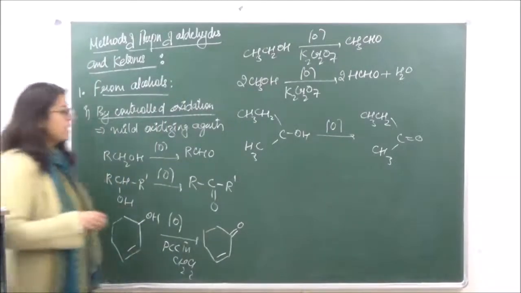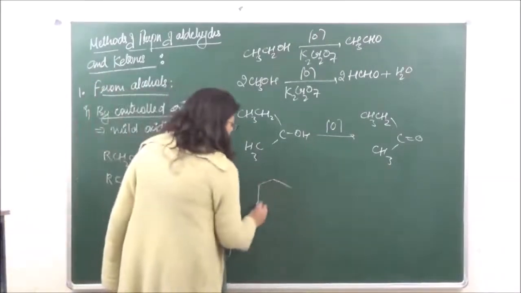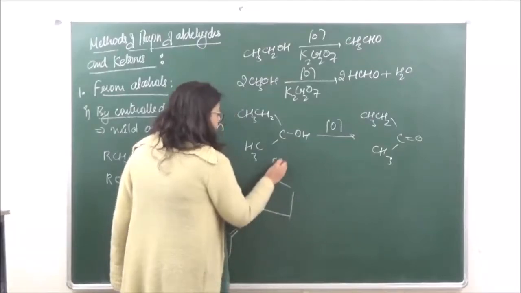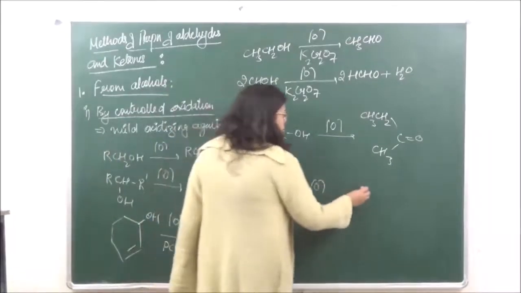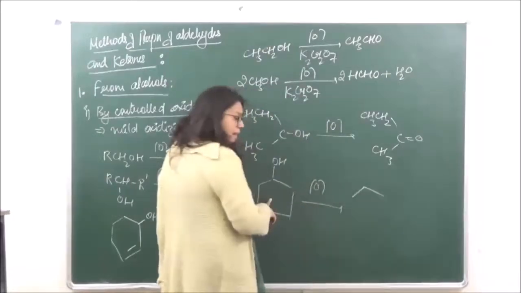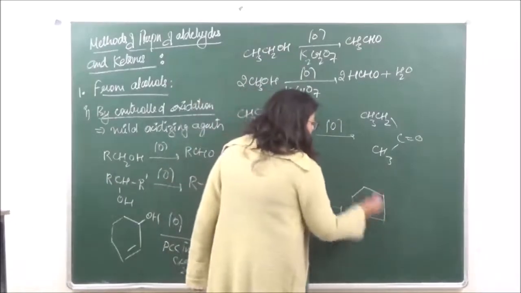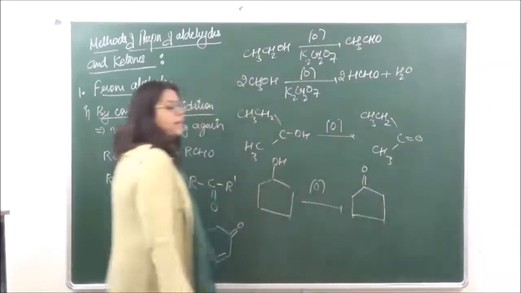And if we have a cyclic compound with an OH, if we are doing the oxidation of this, this is cyclopentanol, it is going to give us cyclopentanone.